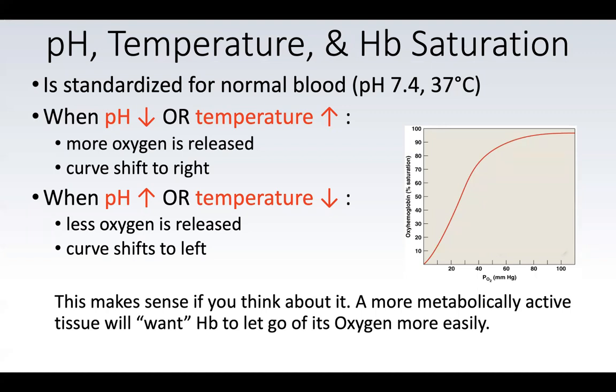Therefore, to reach the same saturation point, let's say 50% saturation, that P50 is going to be moved to the right. So you're going to need more oxygen now to get 50% saturation.